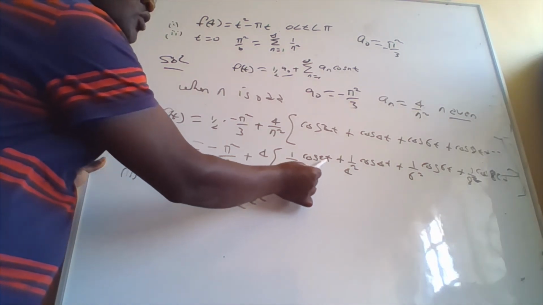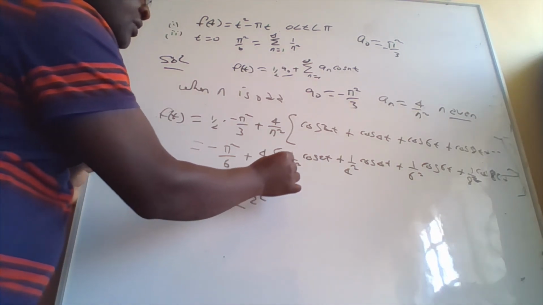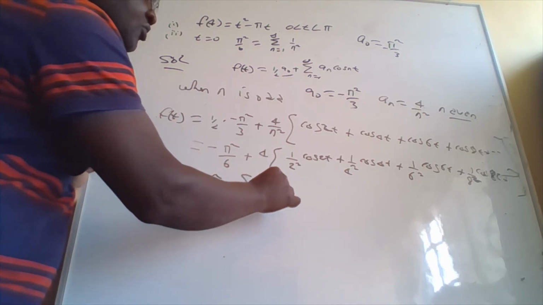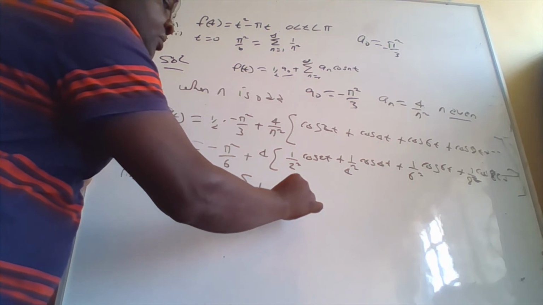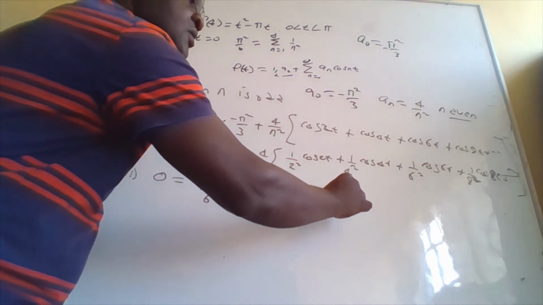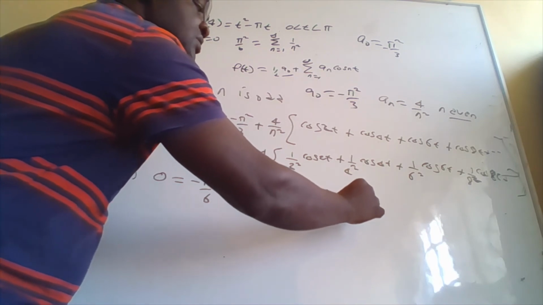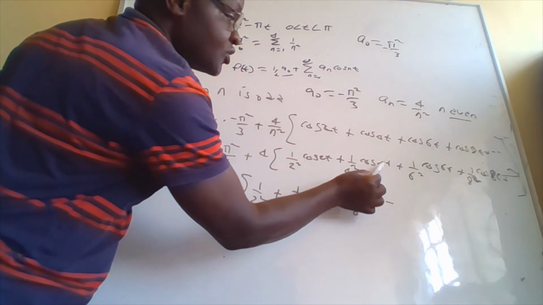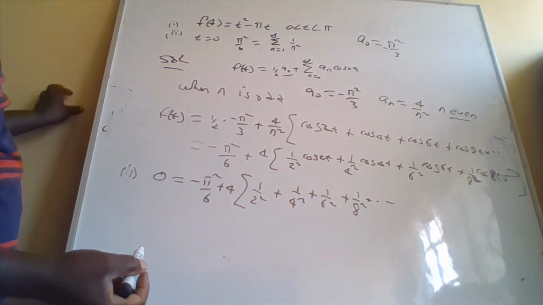Now t is 0, cos 0 is 1. So cos 0, this is 1. 1 times that will remain that, plus 1 over 4 squared plus 1 over 6 squared plus 1 over 8 squared. It continues like that. Remember, this is 0, cos 0 is 1. So that's what we have.